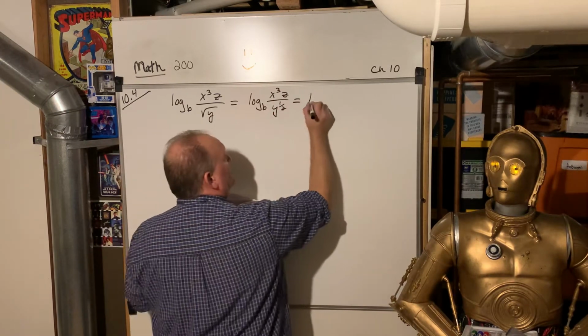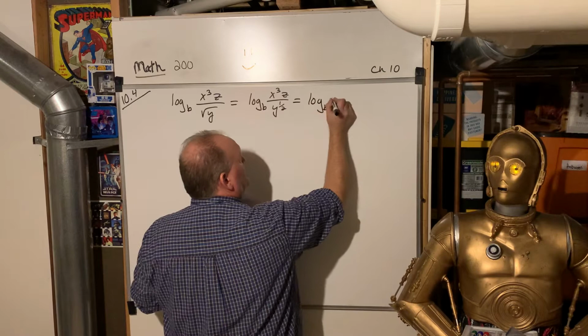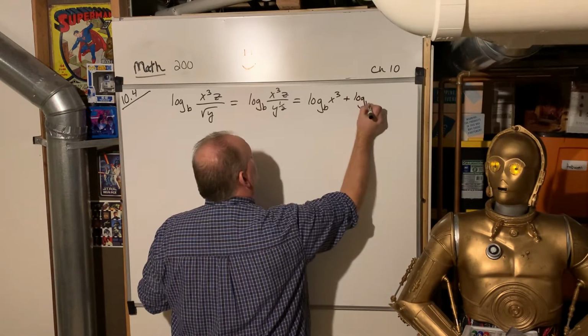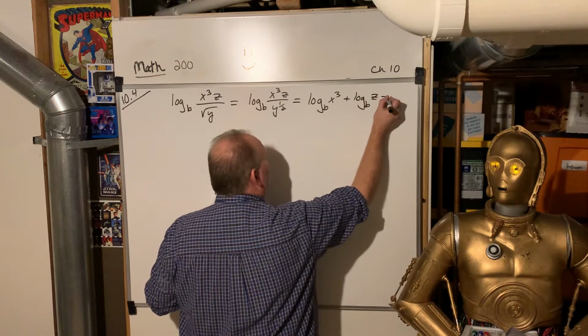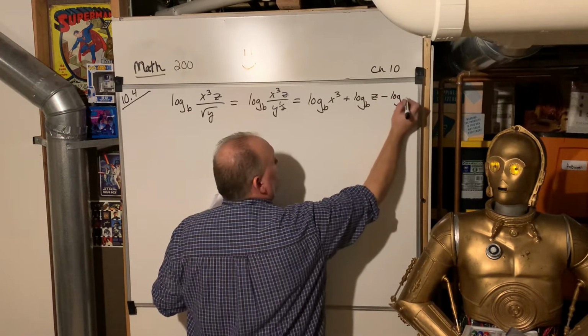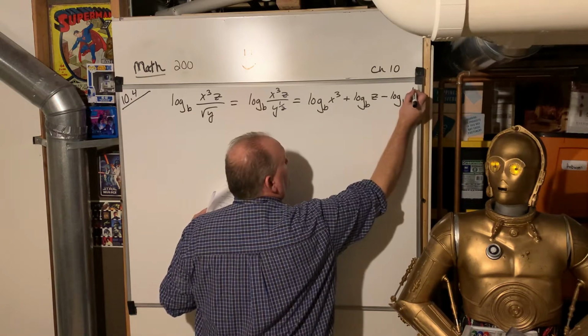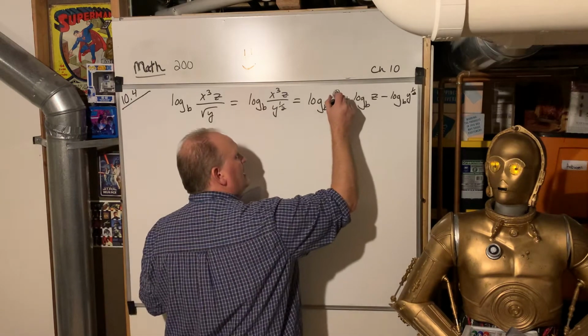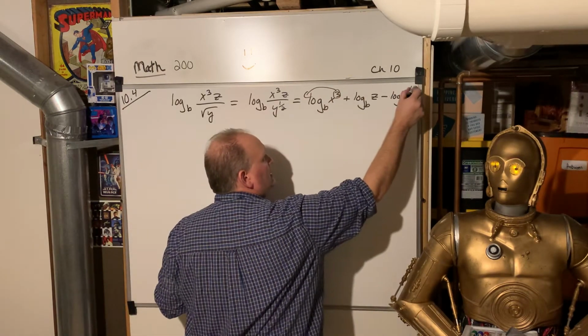We're going to say that's log base b of x to the 3rd plus log base b of z minus log base b of y to the 1/2. And then we're going to pull those down. Come on down, and come on down.